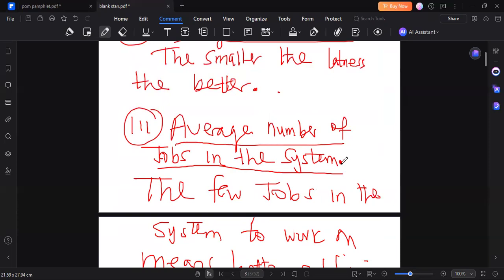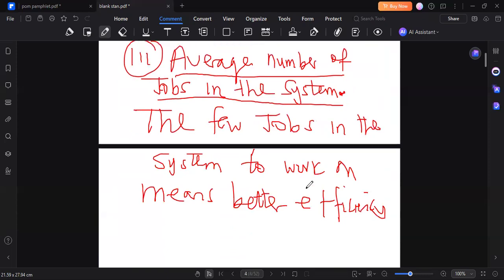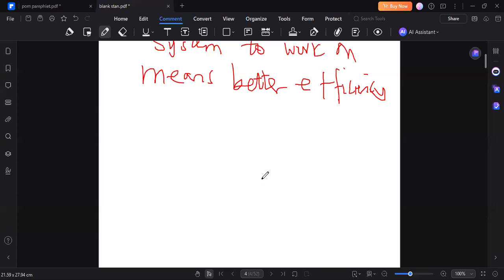If you have very few vehicles to work on, you can give me other jobs to do because you're able to measure my efficiency. I'm able to clear the backlog or service vehicles in the shortest possible time. Few jobs in the system to work on means better efficiency.